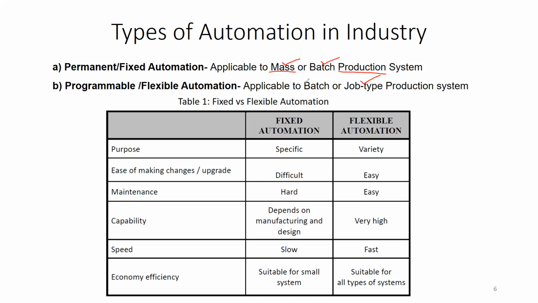The shipyard industry, which is producing a ship. That ship is basically produced as a single unit only. It may be taking 6 months, a year also. Similarly, if we consider the aircraft industry, there also a single type of aircraft is being produced for a given time period.